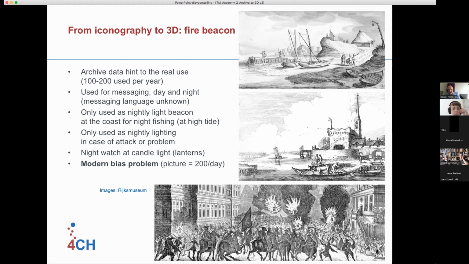So we should be aware that we maybe look at it with our modern eyes, but they were using just candles with a lantern to go around in a pitch black night to watch and guard their fortress.